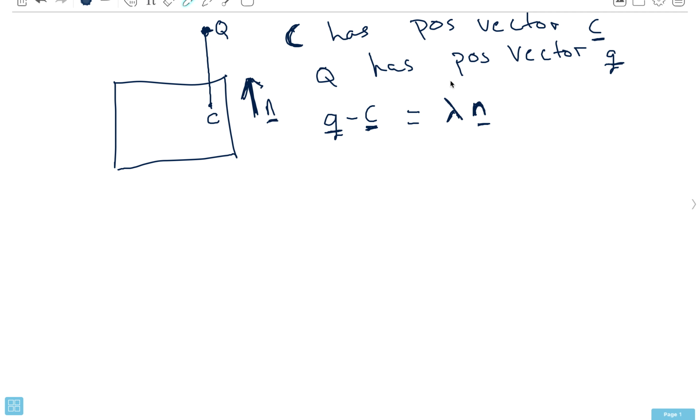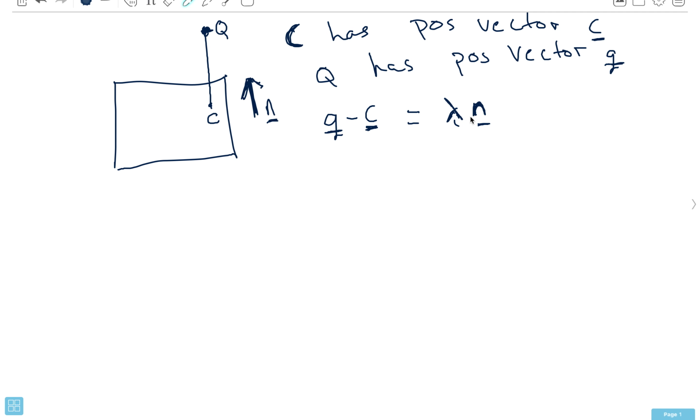So we need to do some calculations to figure out what this lambda is. We already know what n is, since we need n to define the plane, but we have no idea what lambda is. Okay, so what we're going to do is take the dot product of both sides.